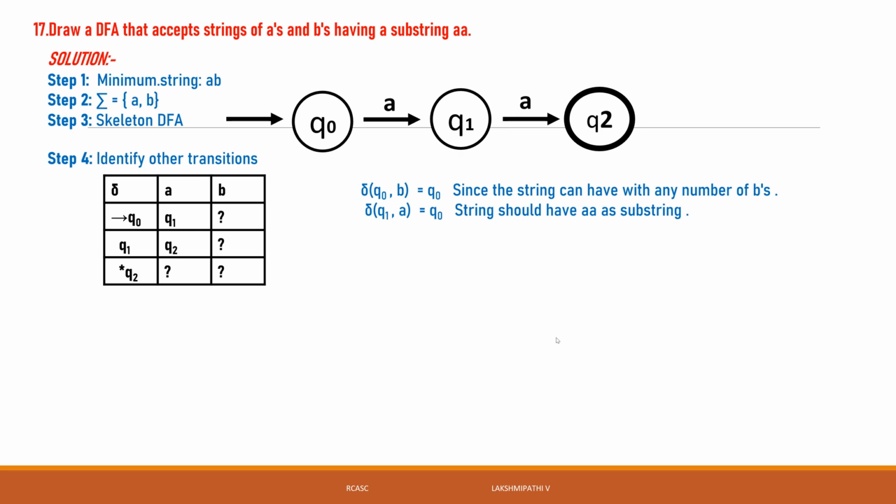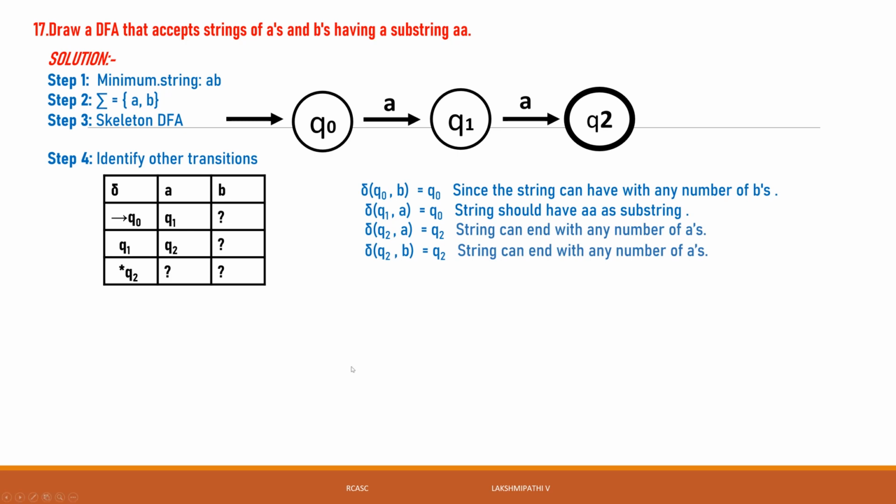Then Q2 of A is Q2 only, because after AA we can give any input again. Then Q2 of B is also Q2 only, because after the substring the string can end with any number of A's and B's and still be accepted.